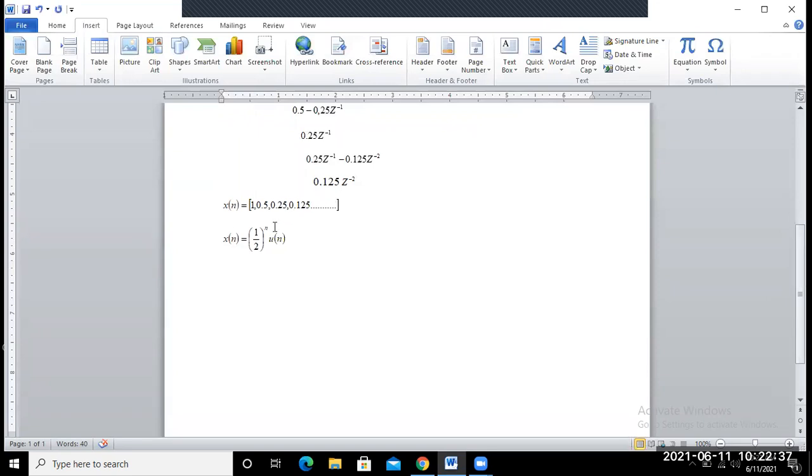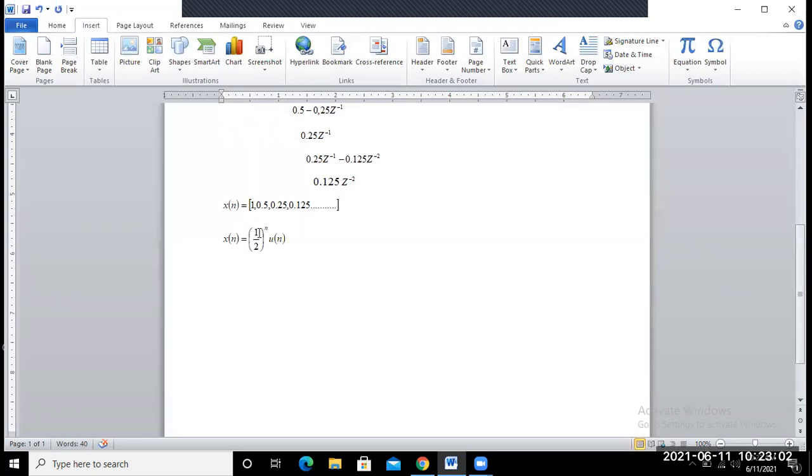So you will find out, if n equal to 0, 1 by 2 to the power 0 is your 1, u0 is already 1, so x0 is your 1. If you put n equal to 1, 1 by 2 is your 0.5 and u1 is already 1, so the second term x1 is your 0.5. If you put n equal to 2, 1 by 2 to the power 2 is your 0.25, and un is your step input signal, so its magnitude is always 1.